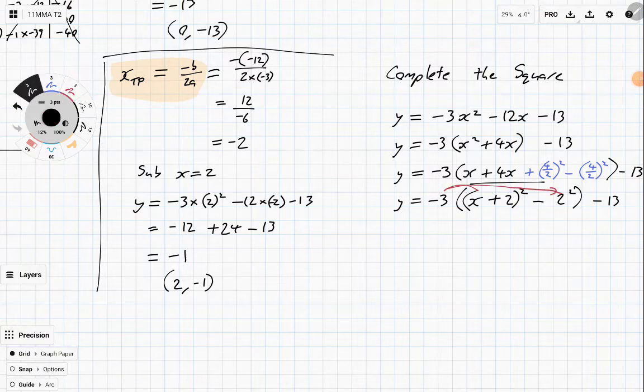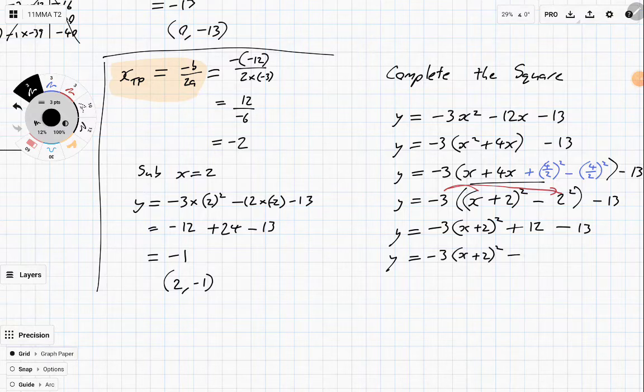We get y is equal to negative 3 times (x plus 2) squared, negative 3 times negative 2 squared, which is negative 4, is positive 12, minus 13. So y equals minus 3 times (x plus 2) squared minus 1.